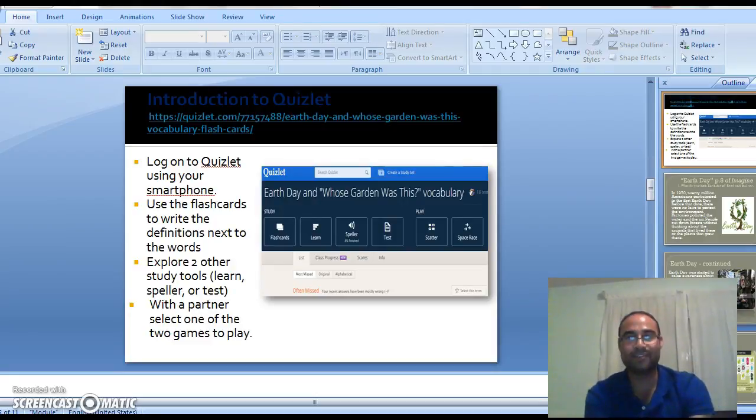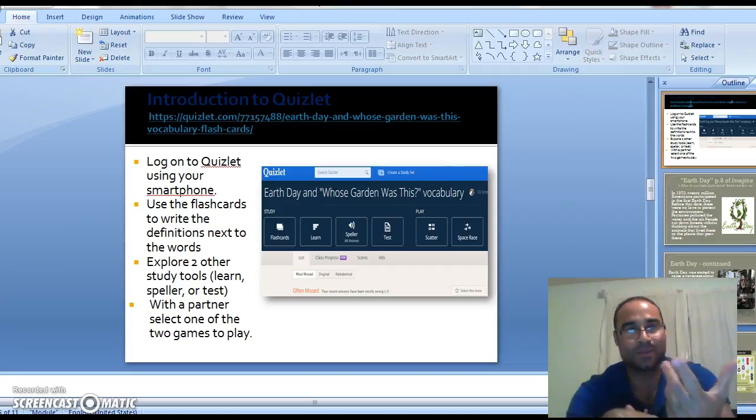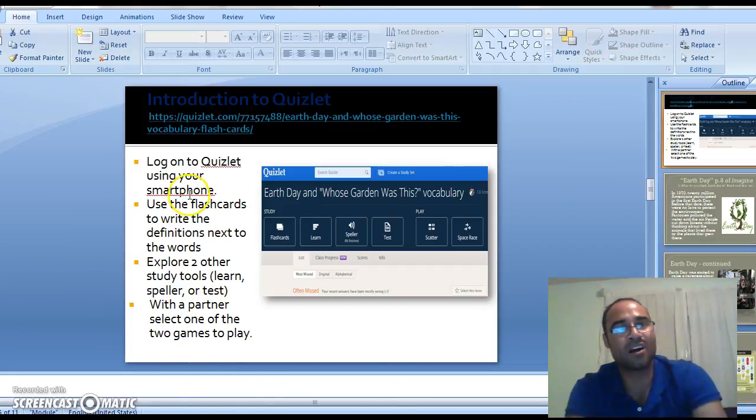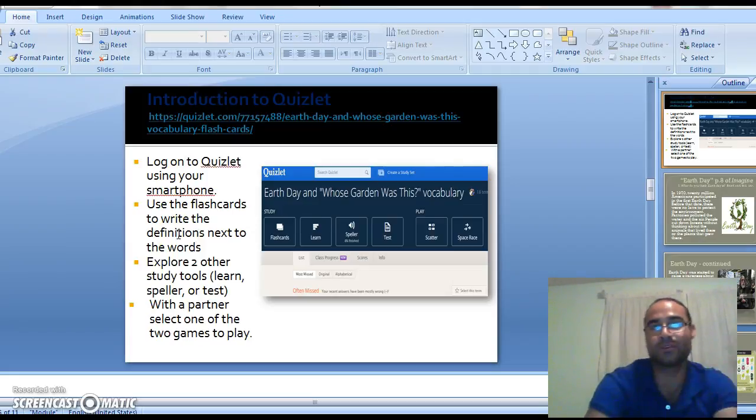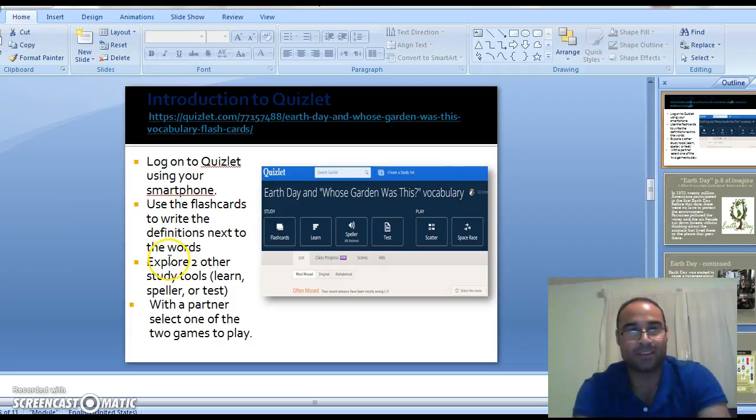And then afterwards, we teach the students how to use Quizlet. So they can log on to Quizlet using their smartphone. I have the link, which is a hyperlink right here. And then they can use the flashcards to write the definitions next to the words in their notebooks. And then they need to explore 2 other study tools, whether that's the Learn tool, the Speller tool, or the test.